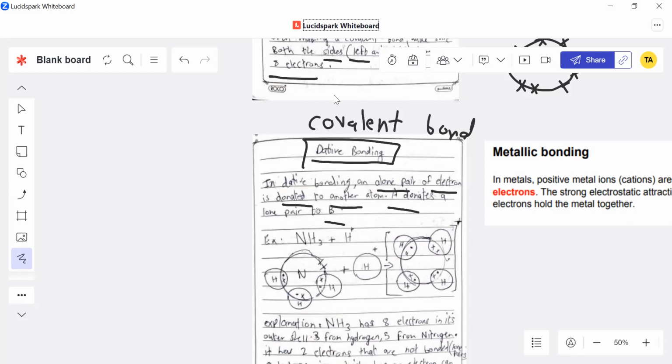What do I mean by this? Well, let's say I have NH3, and I react it with a proton. What is a proton? It's a hydrogen that has 0 electrons in its outermost shell.